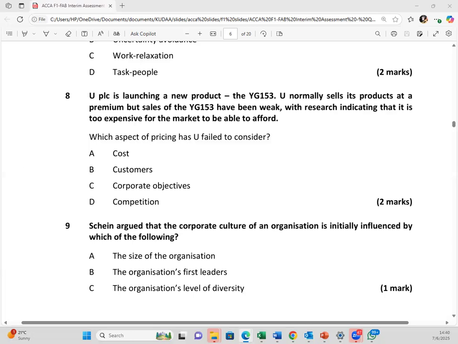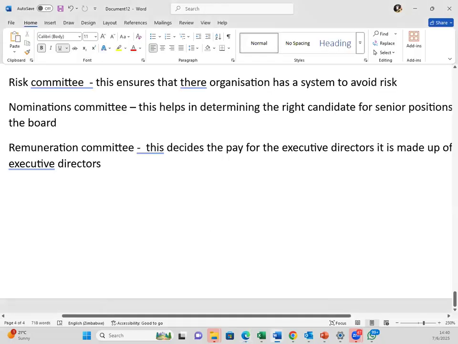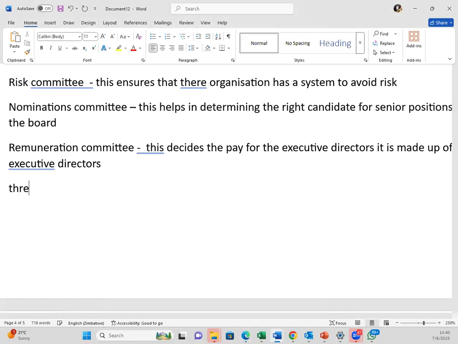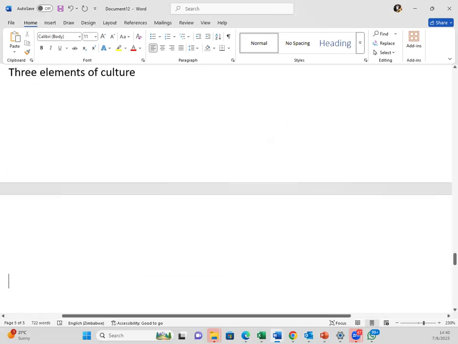Shane also said that there are three elements of culture. We have artifacts.